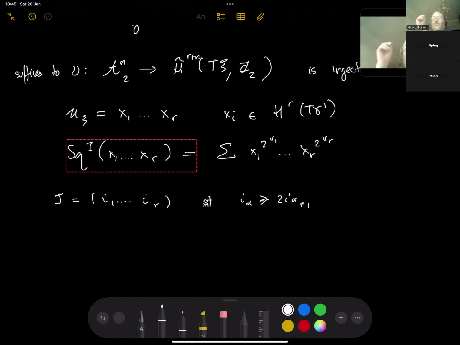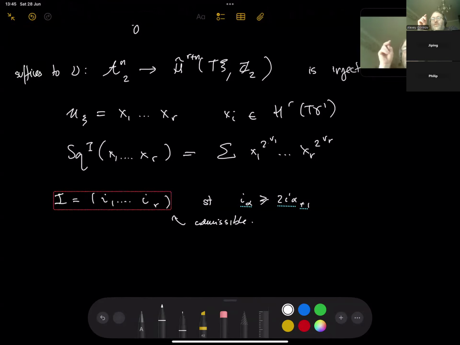What sort of basis? First of all, SQ to the capital I is just the product of the SQ small i's. So let's write this down.